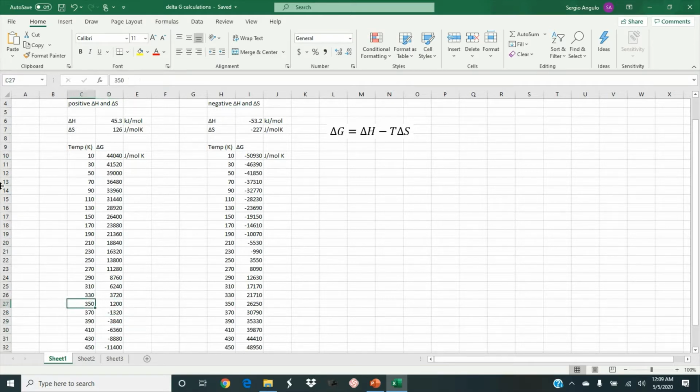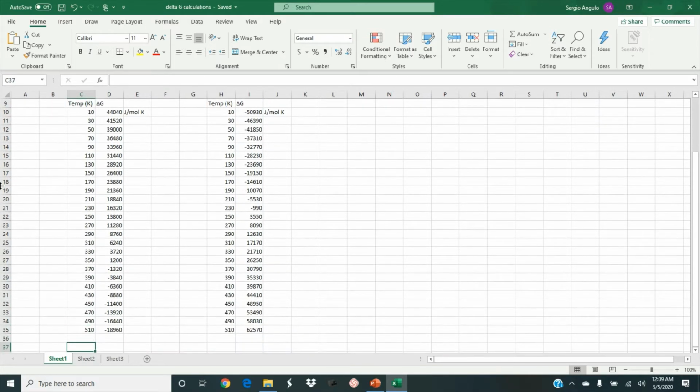So here, about 350, the delta G is still 1200. At all these temperatures, 350 and below, delta G is positive, so the reaction is not spontaneous. Once you hit 370, you'll notice that your delta G is negative, and at higher temperatures above that, your delta G is going to get more and more negative.